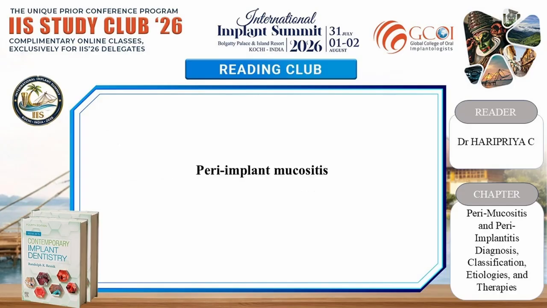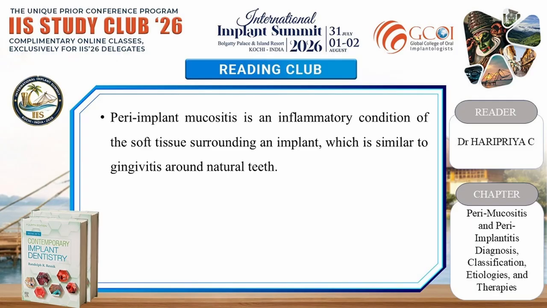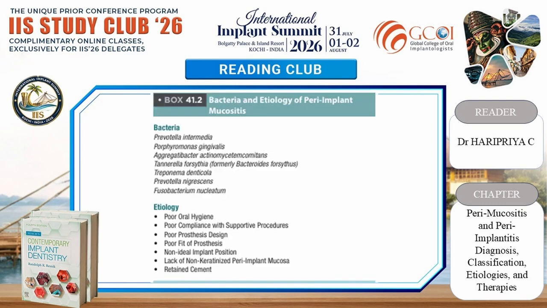Peri-implant mucositis. Peri-implant mucositis is an inflammatory condition of the soft tissue surrounding an implant, which is similar to gingivitis around natural teeth. The bacteria involved are Prevotella intermedia, Porphyromonas gingivalis, Aggregatibacter actinomycetemcomitans, Tannerella forsythia, Treponema denticola, Prevotella nigrescens, and Fusobacterium nucleatum.